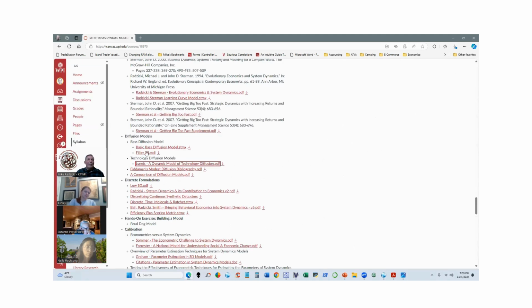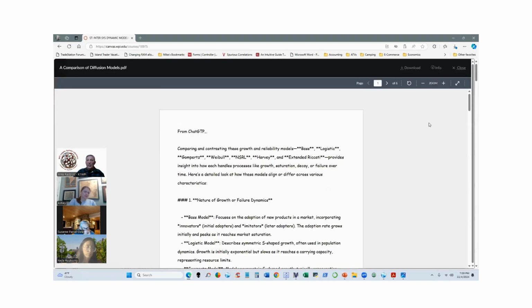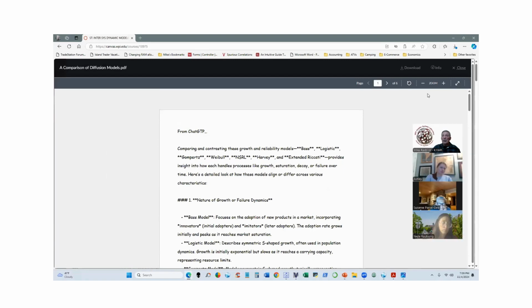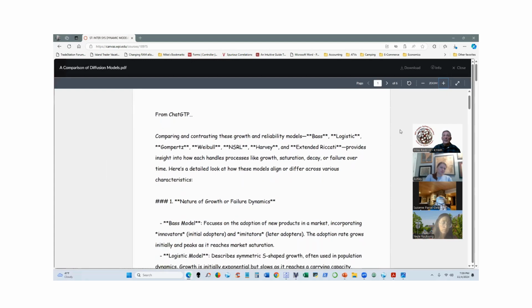And then finally, in this area, I have a comparison of diffusion models, because I think I mentioned that there's a bunch of these things. So I asked ChatGPT to assist, and I said, compare and contrast the following growth and reliability models. These are from my notes; I don't remember where I got them, probably at MIT.